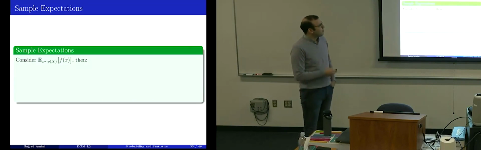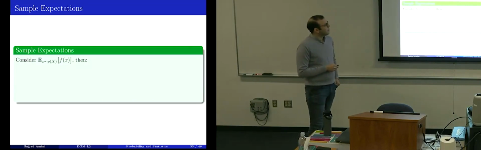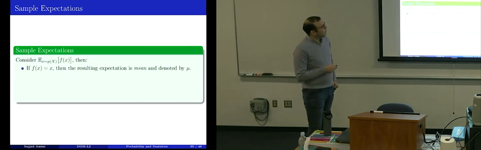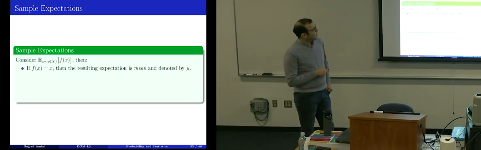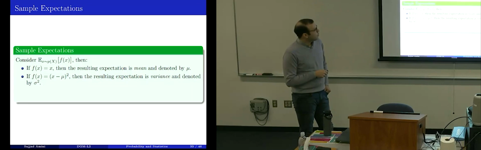So what are some well-known examples of expectation? Assume that I select f of x equal to x; the resulting expectation is called the mean value, and it is denoted by mu. If I use the deviation around the mean to the power of 2 as the function f, the resulting expectation is the variance, and it is denoted by sigma to the power of 2.